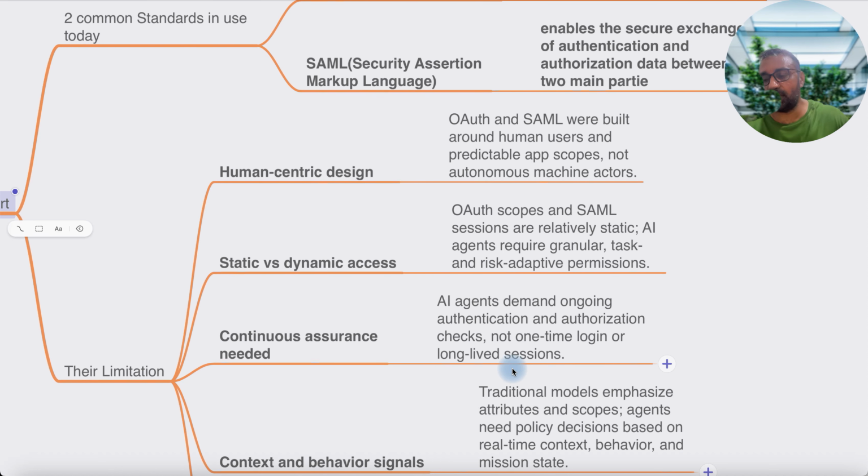A person will request, and some person will approve, and then the task will be done. But in case of AI agents, they require granular task and risk adaptive permissions. So agents are dynamic in nature versus humans who work more in a static environment.